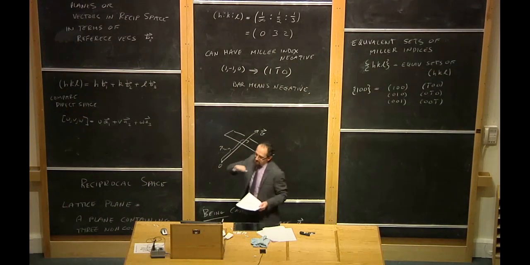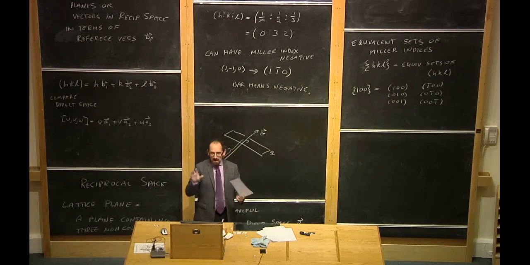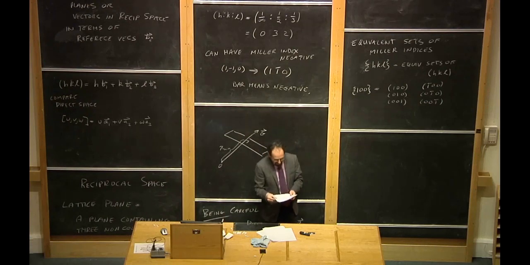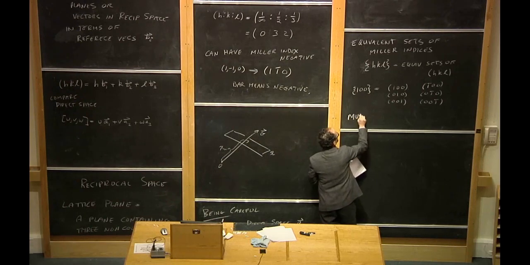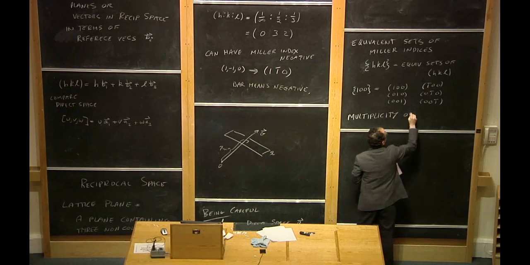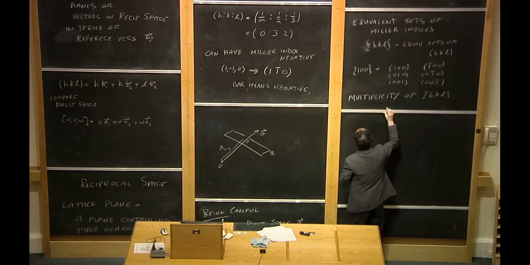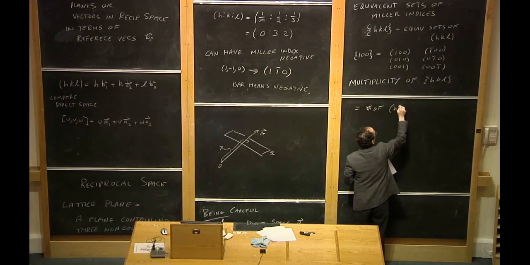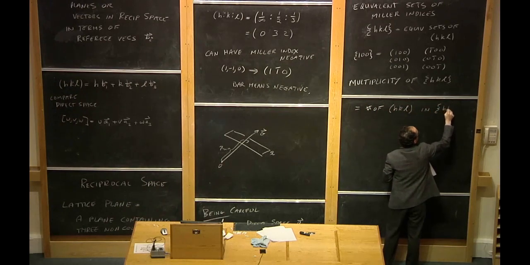Unsurprisingly, these planes look like the surface of a cube, and you can pick up a cube and look at it 6 different ways, and it would look equivalent from all of those 6 different angles. We also have what's known as the multiplicity of HKL, which equals the number of (HKL) in the curly bracket {HKL}.